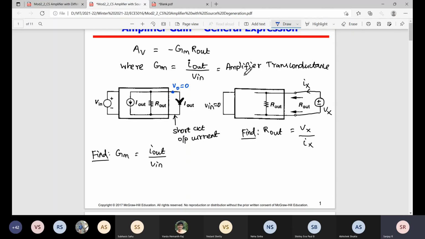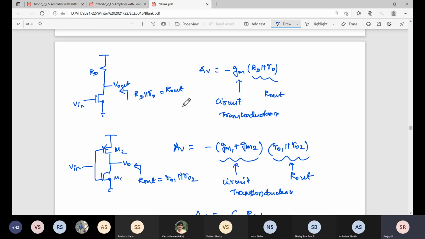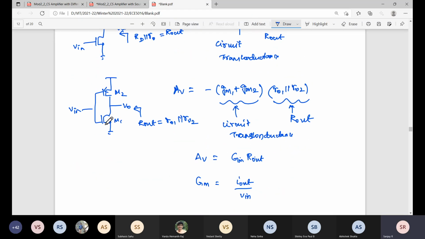That means gm is the amplifier transconductance, or circuit transconductance, not the transistor transconductance. Because in the inverter it is different: the circuit transconductance is not equal to a single transistor's transconductance. It is the sum of two things.